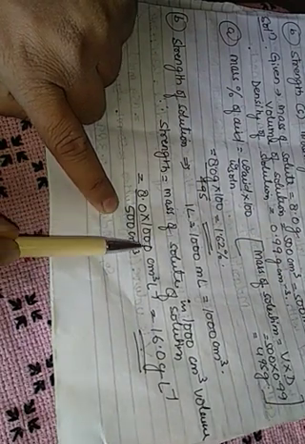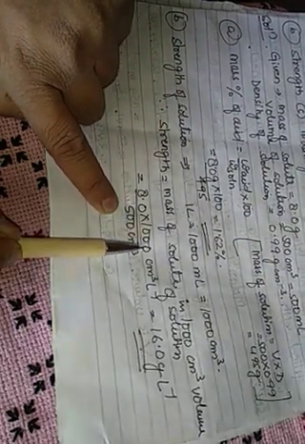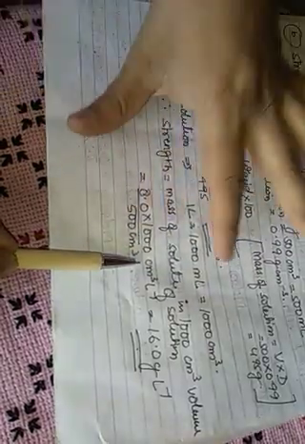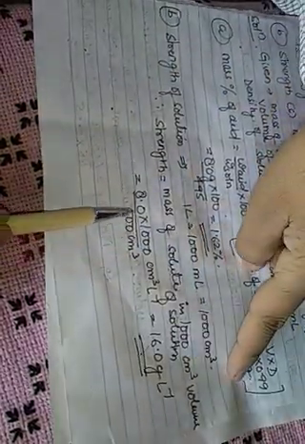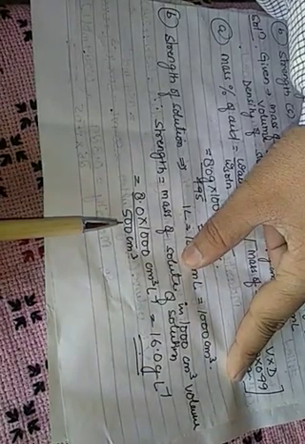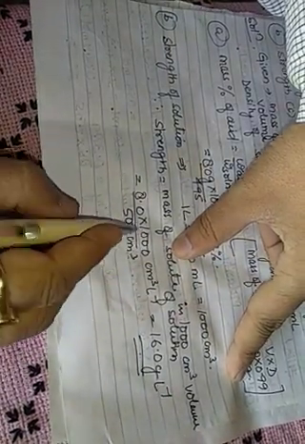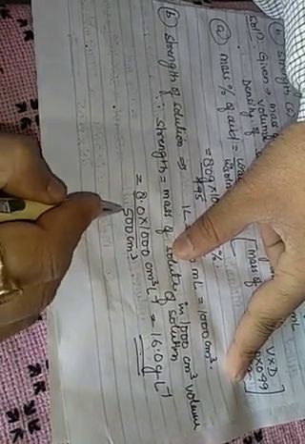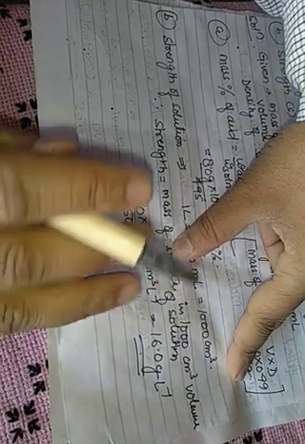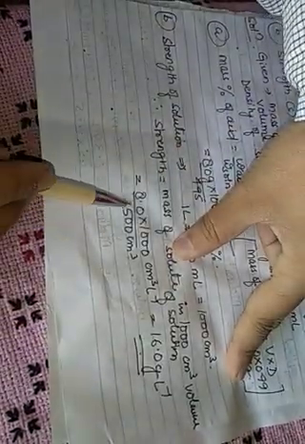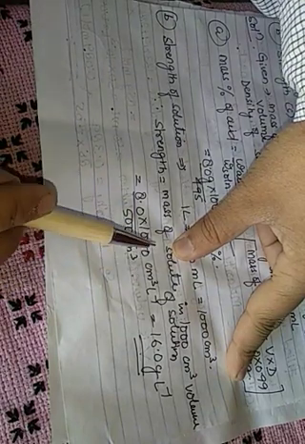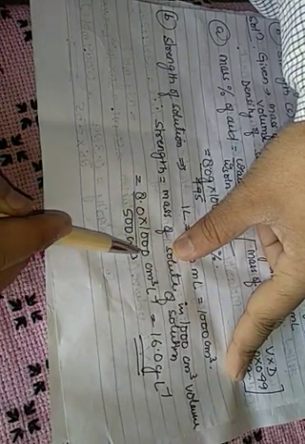So 8.0, here the volume of the solution is 500, but we are defining it in 1000. So we are expressing this value in 1000. That's why we are multiplying this value by 1000. Now 8.0 into 1000 upon 500. You might get confused why we are multiplying by 1000; this is because we always express strength in 1 liter, but here the volume is 500, so we multiply it by 1000 centimeter cube.